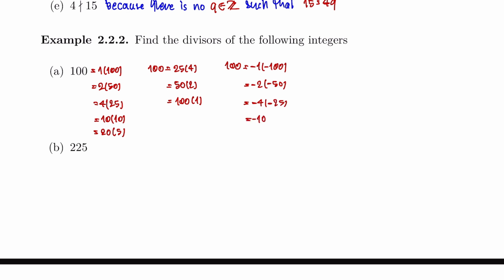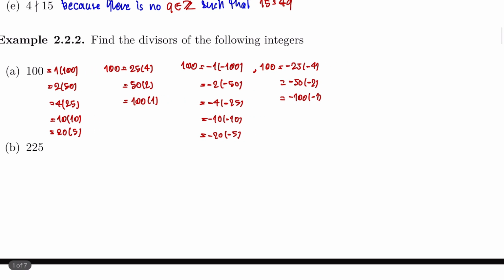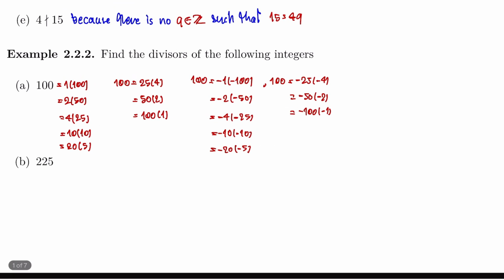For minus 10, you will have minus 10. If you divide by minus 20, you will have minus 5. If you divide it by minus 25, you're going to have minus 4. If you divide it by minus 50, you're going to have minus 2. If you divide it by minus 100, you're going to have minus 1. So these are all divisors.